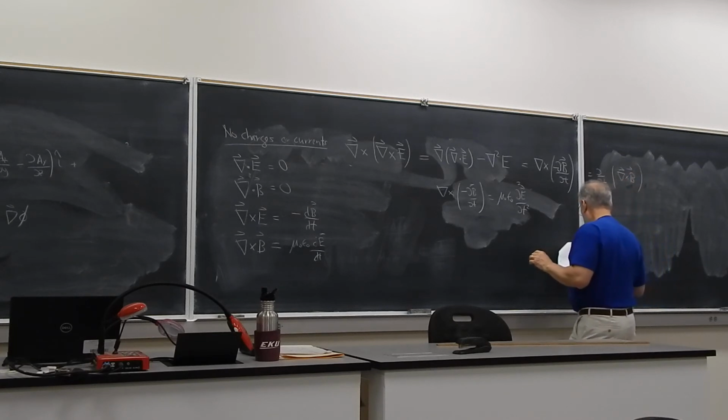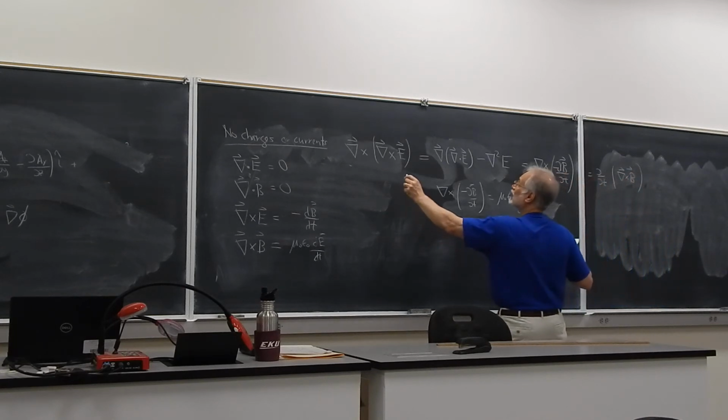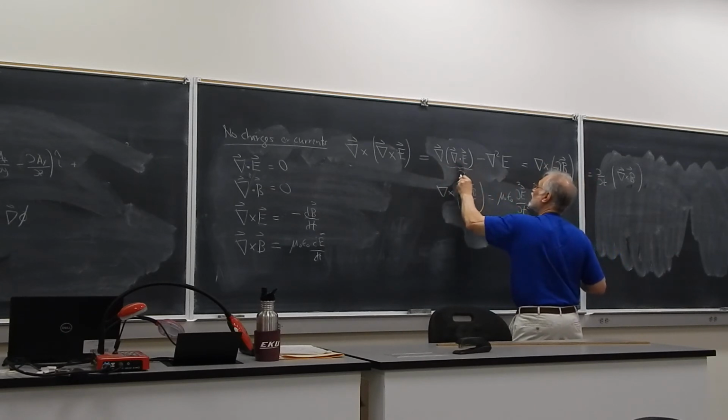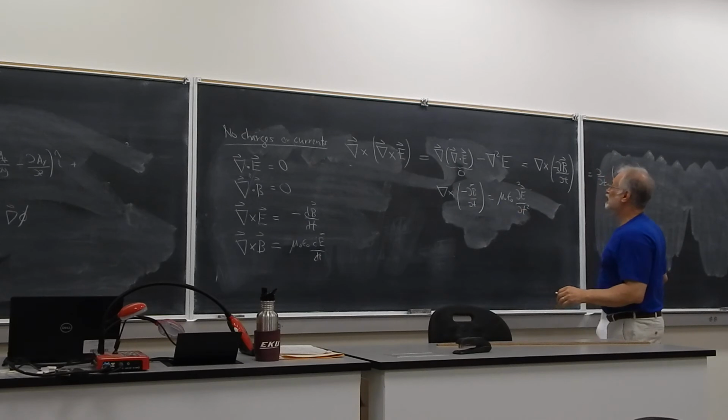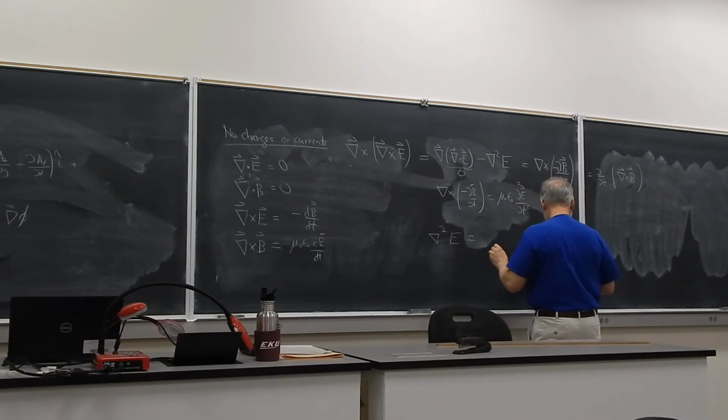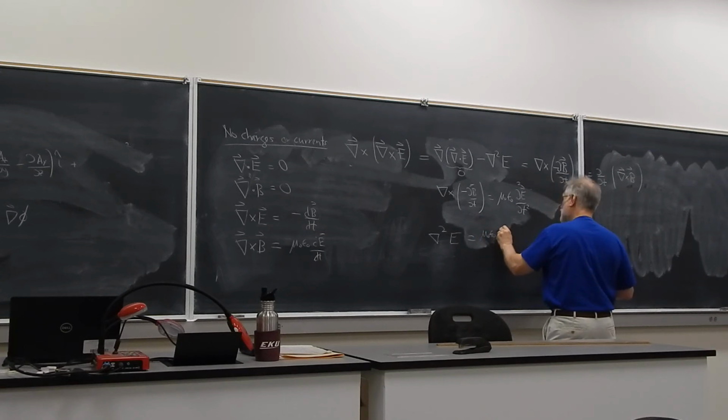And lo and behold, if I look at the left side, since del dot E is 0 if I have no charges in space, I have the following: del squared E is equal to mu naught epsilon naught times the second partial of E with respect to t.